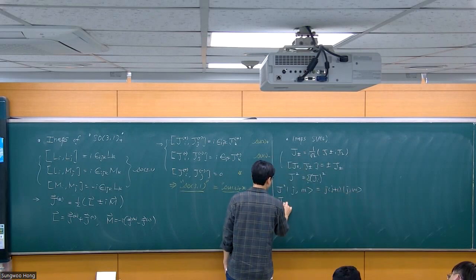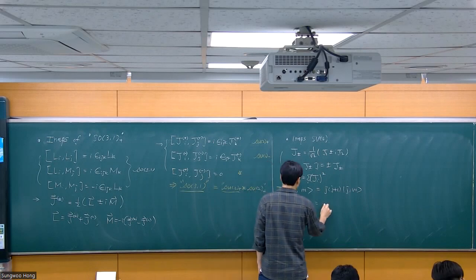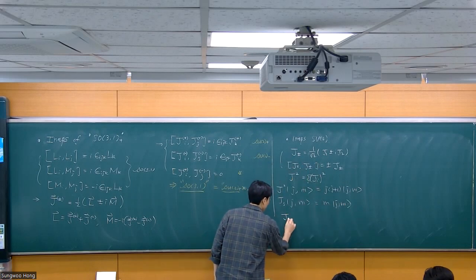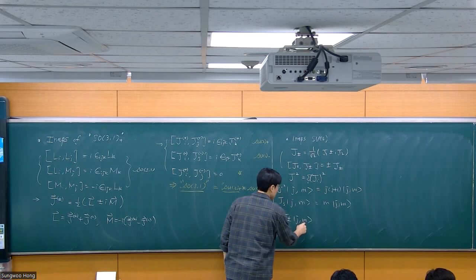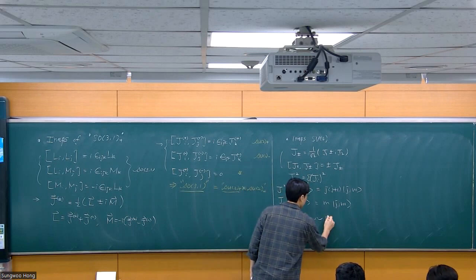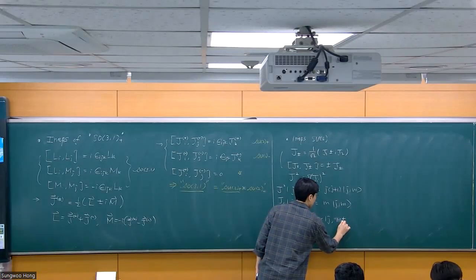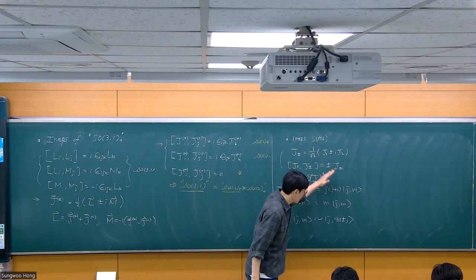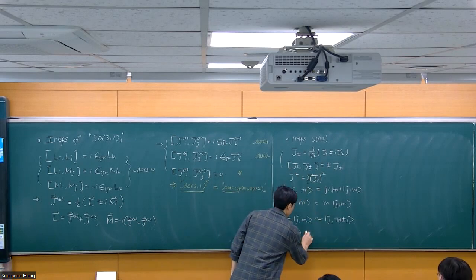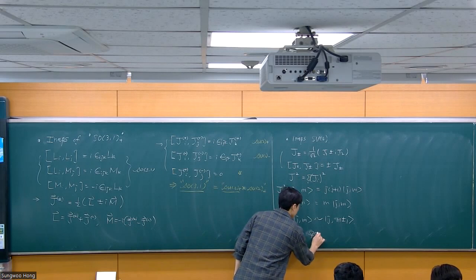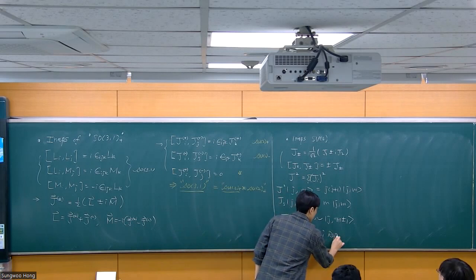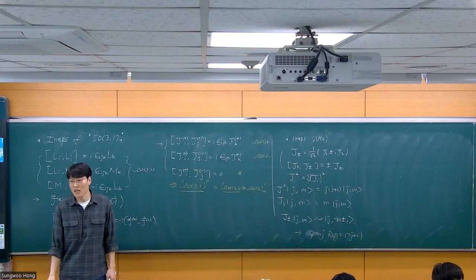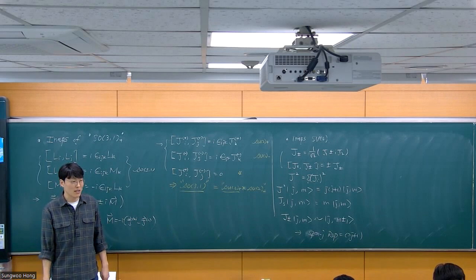And then you learn that J plus minus basically raises or lowers this M. And then you can check that, demanding a unitary finite dimensional representation, the spin J representation has a dimension 2J plus 1. So these are the list of results you probably have seen or have derived in a quantum mechanics class.